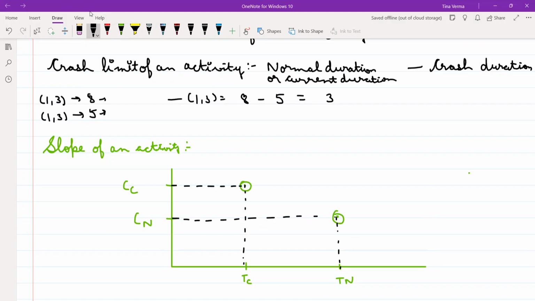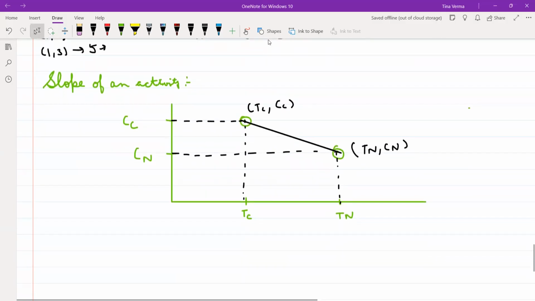So if you have 2 points, this point is my Tn, Cn, this point is my Tc and Cc. How do you find the slope? Yes, how do you find slope? If you are given two points x1 y1 x2 y2, how do you find the slope? y2 minus y1 upon x2 minus x1.